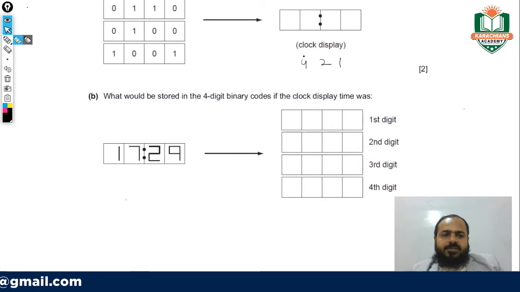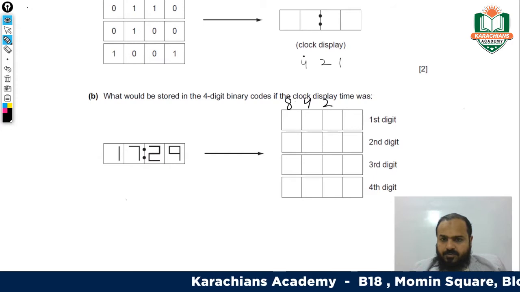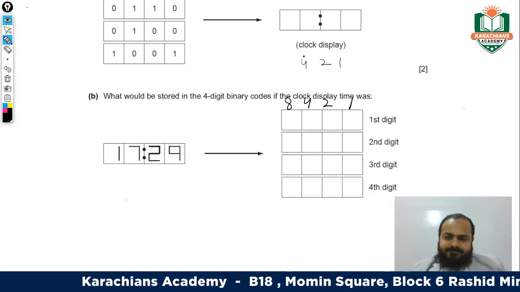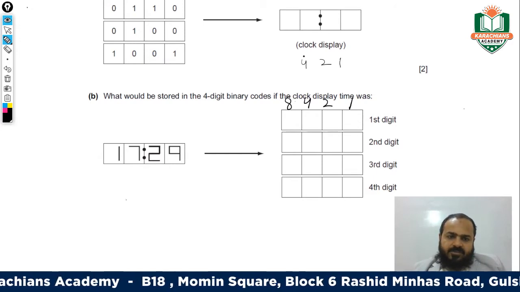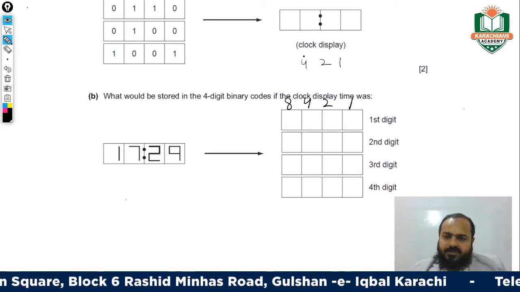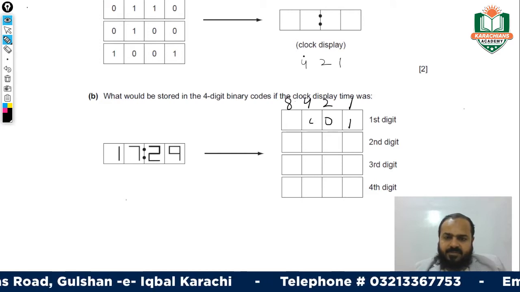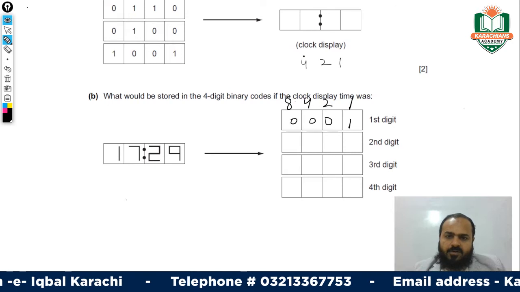So first we have to write the code over here at the top. 8, 4, 2, 1. Okay. So in the first area, 1 is required. So we power on the 1, and the rest of them are off.